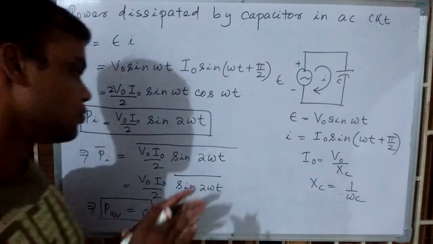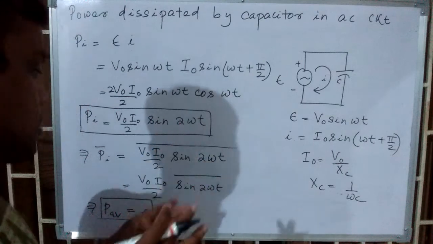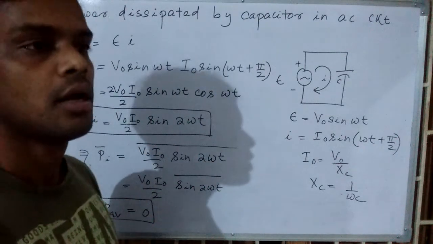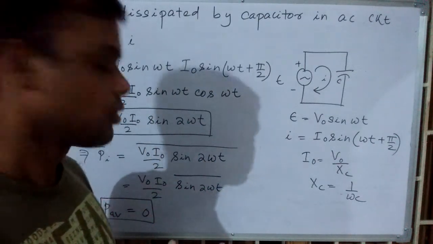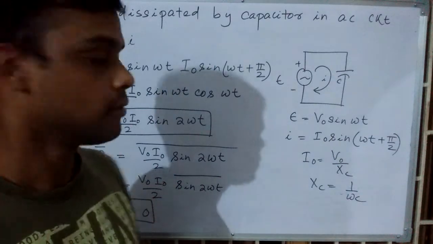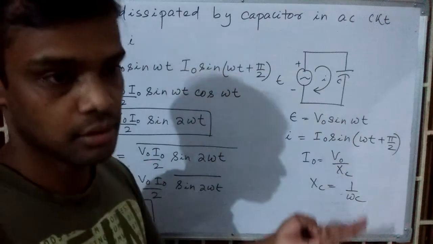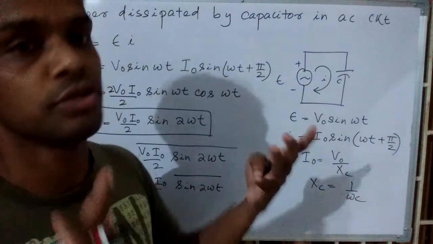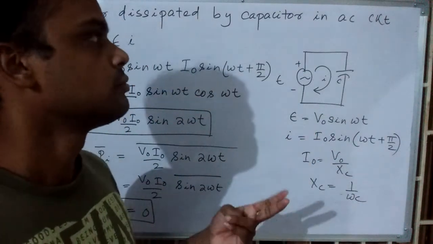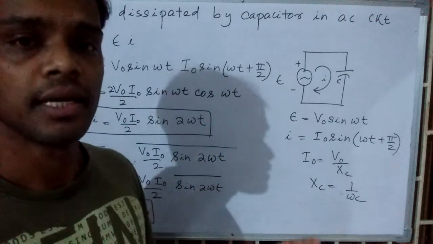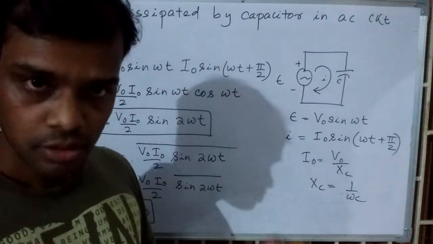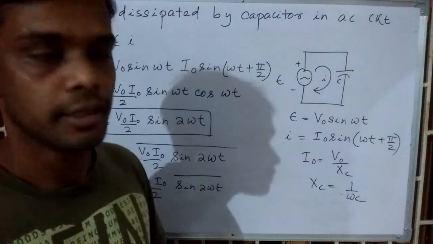Now, as we have already discussed how an inductor consumes zero power over a complete cycle, that means in one quarter cycle it supplies power, in another quarter cycle it consumes power. Thereby over a complete cycle it neither consumes nor supplies.